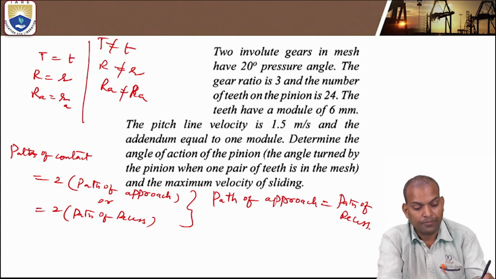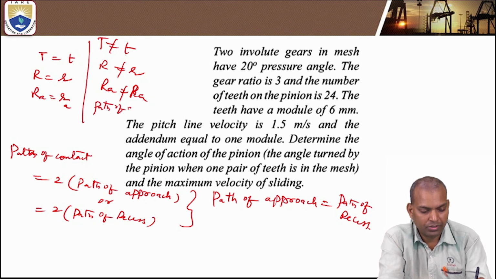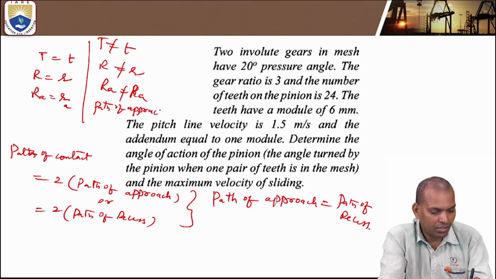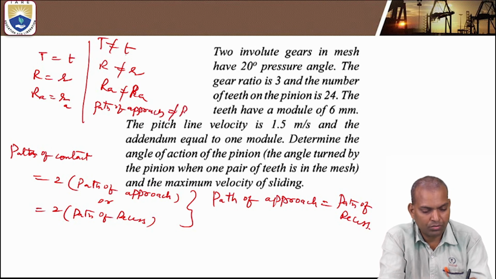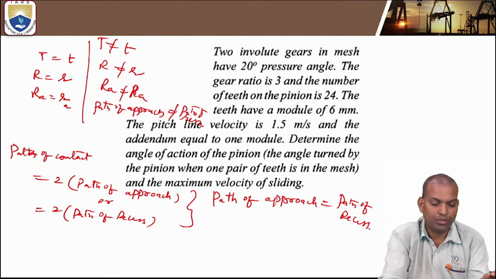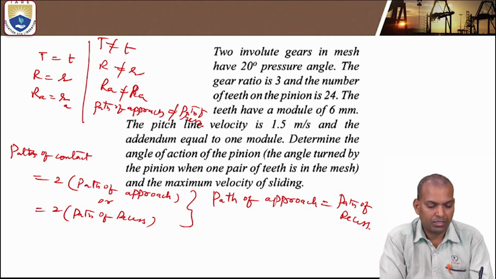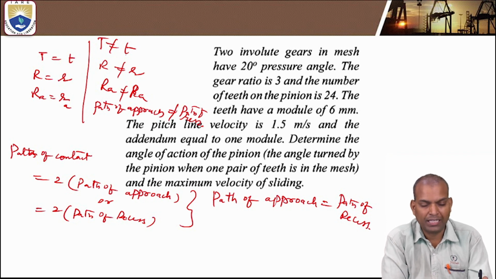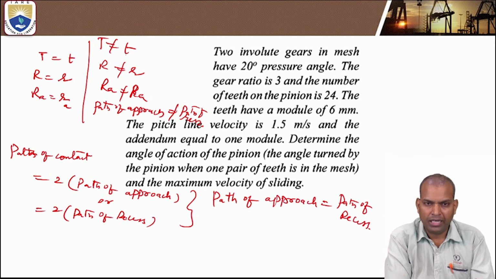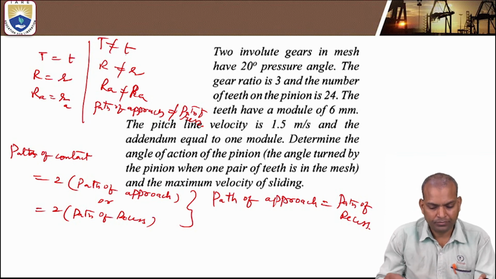And one more thing, the path of approach is not equal to the path of recess. Thus, we have to interpret the different formulae. We can extract different formulae based on the given data and conditions.